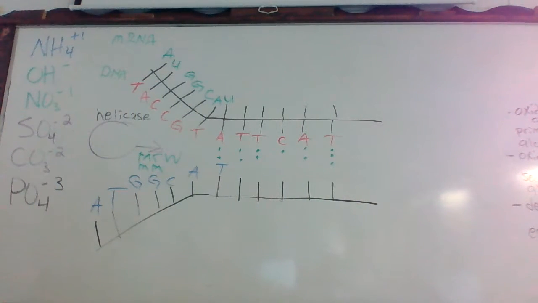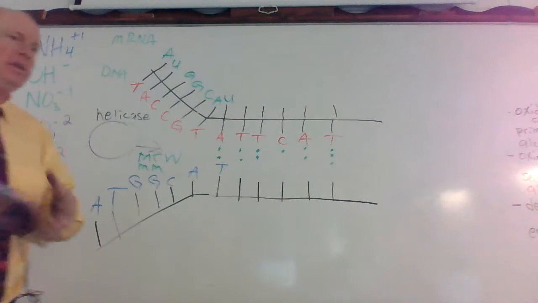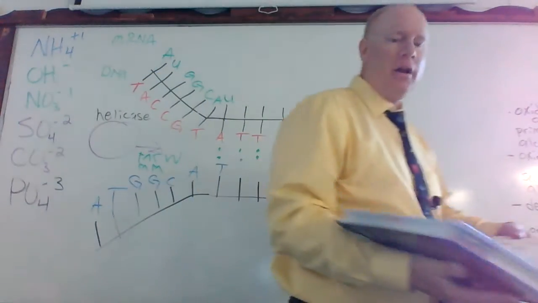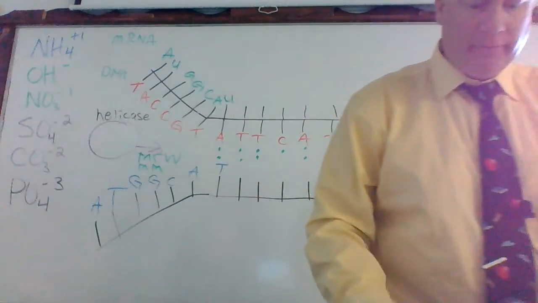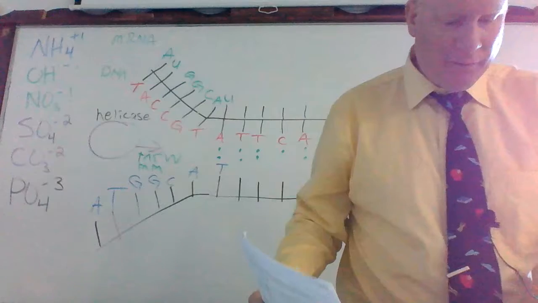And this is why in protein synthesis, when it's not done correctly, some of these medical disorders can be found in humans, whether it's cystic fibrosis or albinoism.